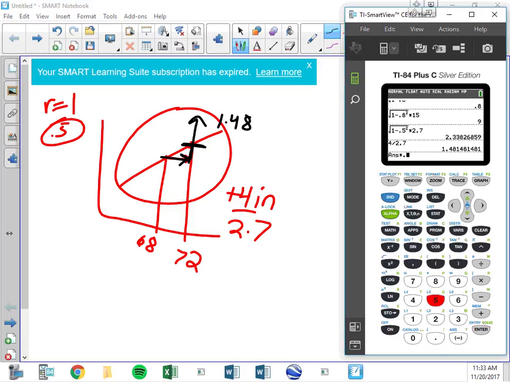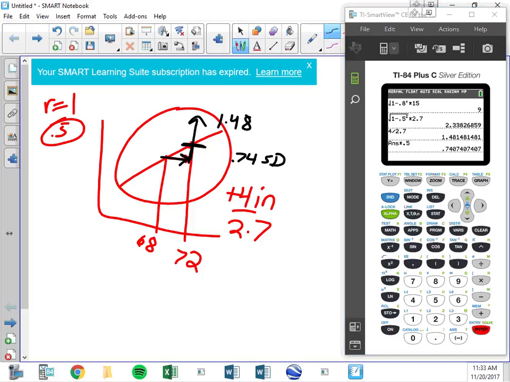So we multiply that by 0.5. So we're actually set 0.74 SDs up, which in terms of inches times 2.7 is 2. So a dad that is 4 inches taller than the average father is expected to have a son that is 2 inches taller than the average son.